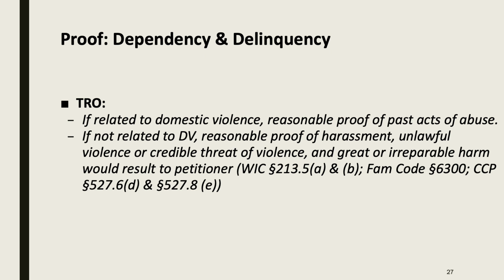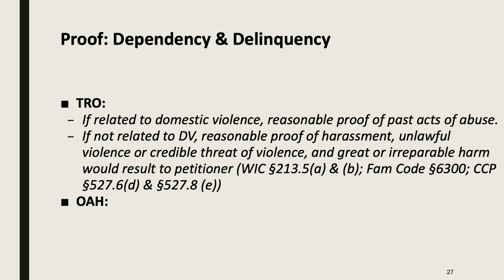In other words, if it's a domestic violence-based situation, you're looking at the same kind of things the court looks at for a DV restraining order for an adult. If it's a civil harassment type of situation, or workplace violence or school violence or one of those things, you're looking for the same kind of evidence that you'd be looking at for a civil harassment restraining order.